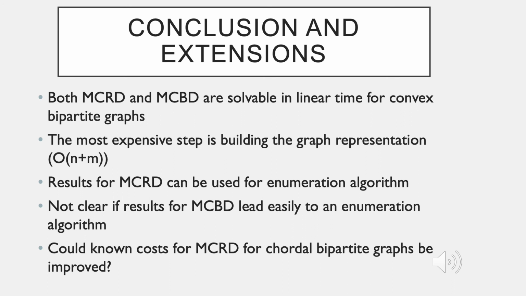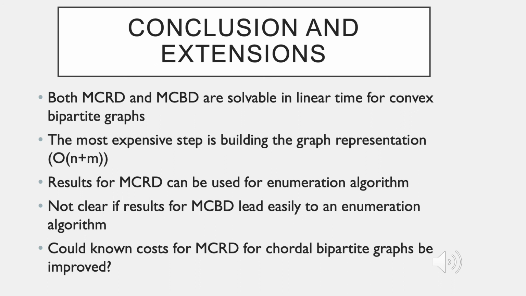The results for MCRD have been used for an enumeration algorithm in a previous paper, but it's not clear if the results for MCBD lead easily to an enumeration algorithm because the results that we have apply to a particular blue dominating set, not to all blue dominating sets.